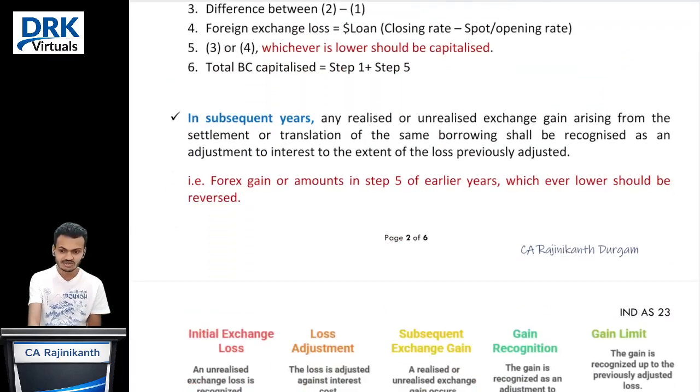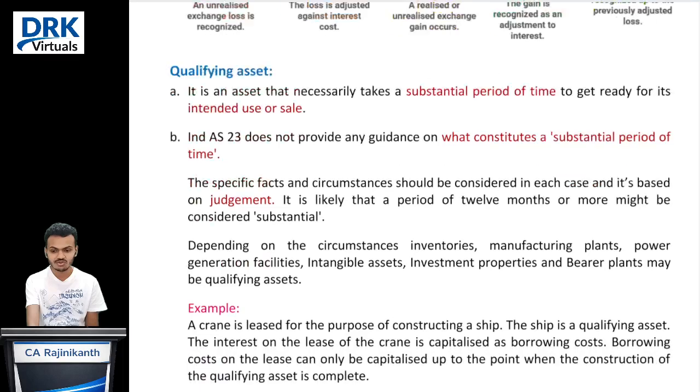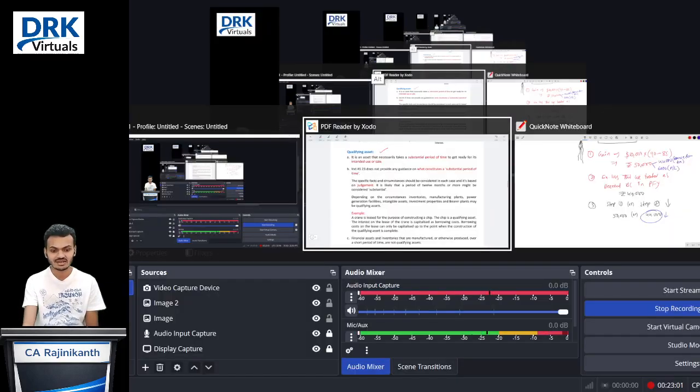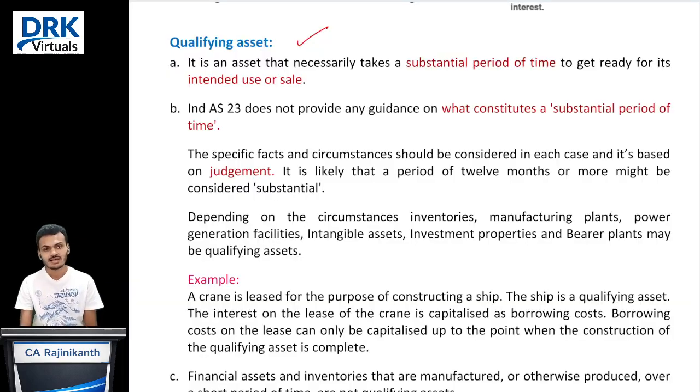So coming to the next one, qualifying assets. What is a qualifying asset? That is our next discussion. The standard says that a qualifying asset is an asset that necessarily takes a substantial period of time to get ready for its intended use or sale. Substantial period of time means what? 6 months or 1 year, 15 months or 2 years.